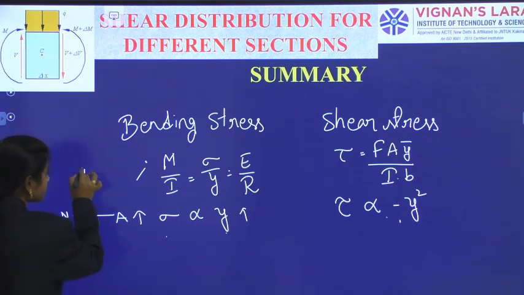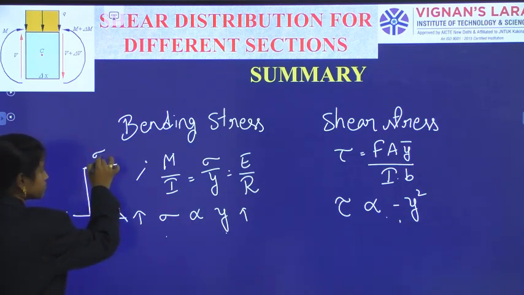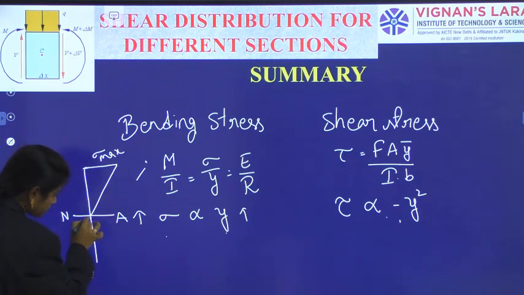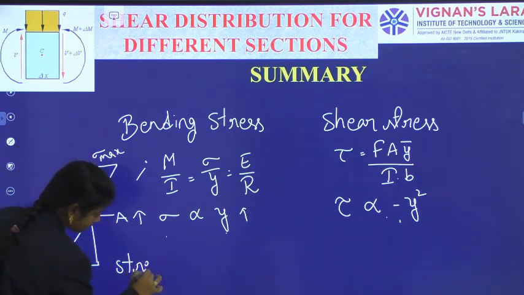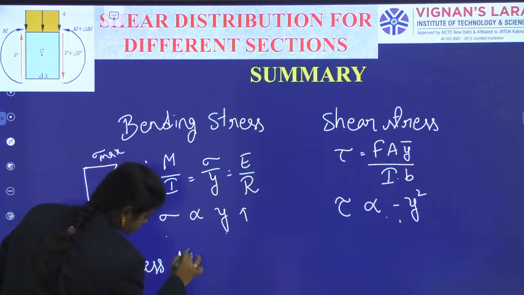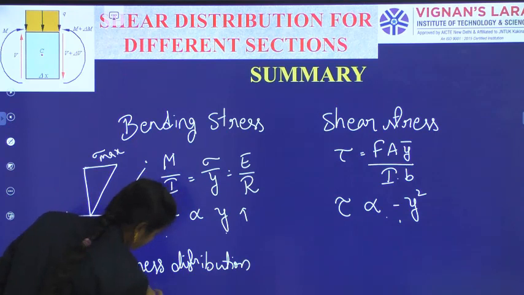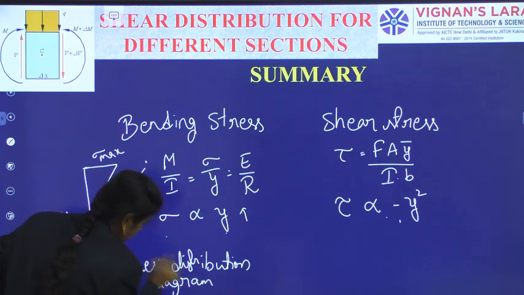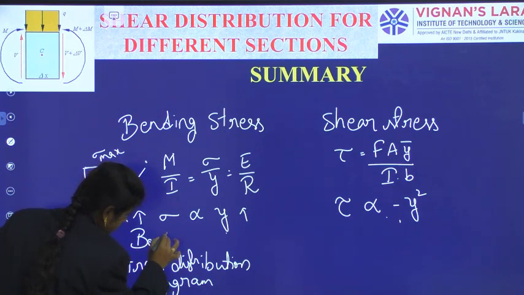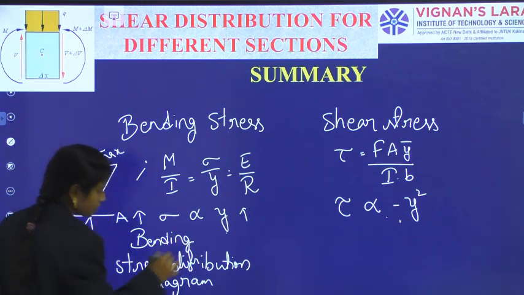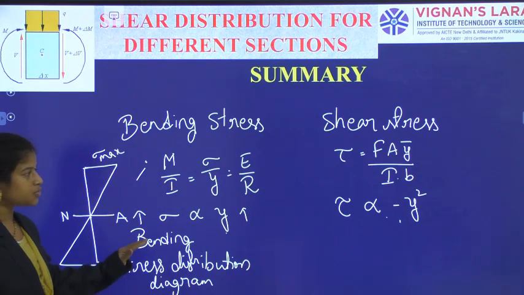When Y becomes Y maximum, sigma will become sigma maximum. And this we write as the bending stress distribution diagram.